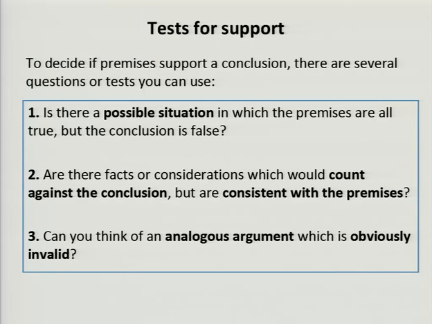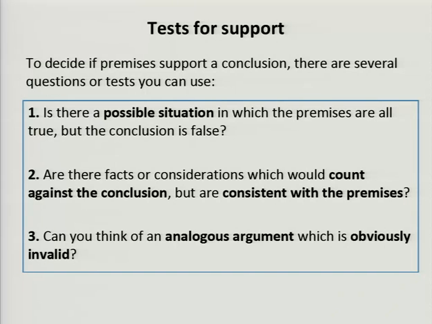So how do we test support? Here are three, and we'll see more later in the semester, but here are three first ways in which you can test for support independently, perhaps, of truth. So is there a possible situation? Can you think of any even conceivable situation in which all of the premises of an argument were true, but the conclusion were false?